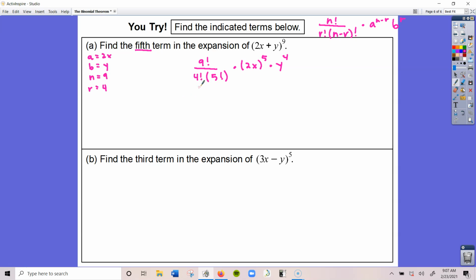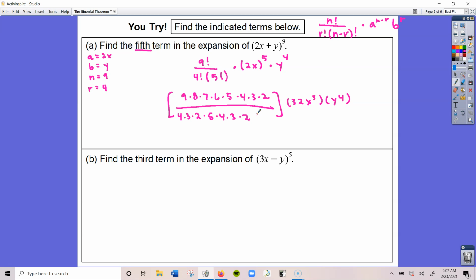We have 9 factorial, so 9 times 8 times 7 times 6 times 5 times 4 times 3 times 2, all over 4 times 3 times 2 times 5 times 4 times 3 times 2. All of this times 2x to the fifth. 2 to the fifth is 32. X to the fifth times y to the fourth.